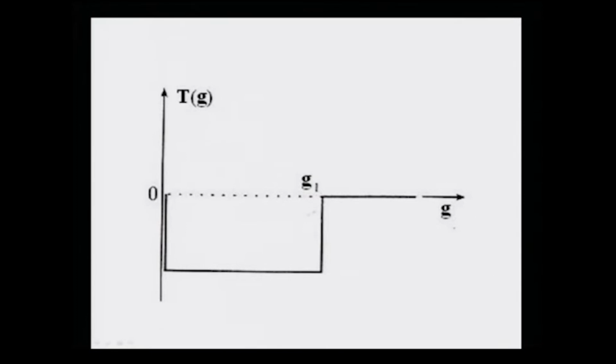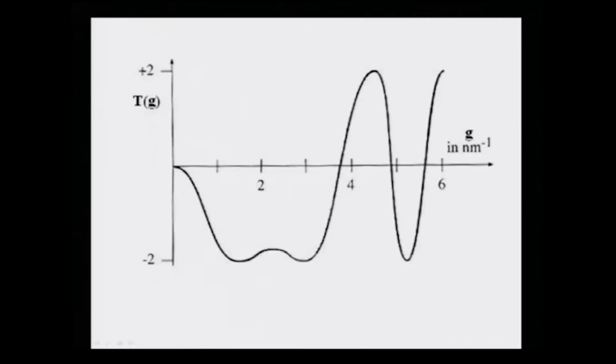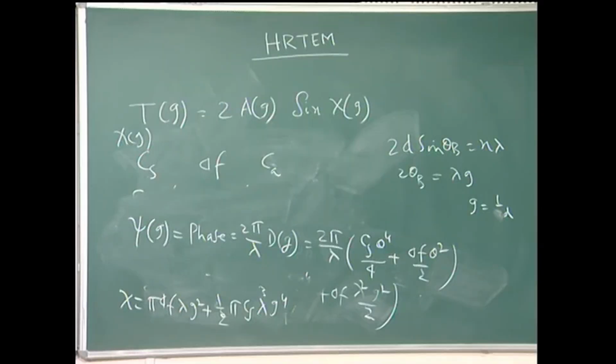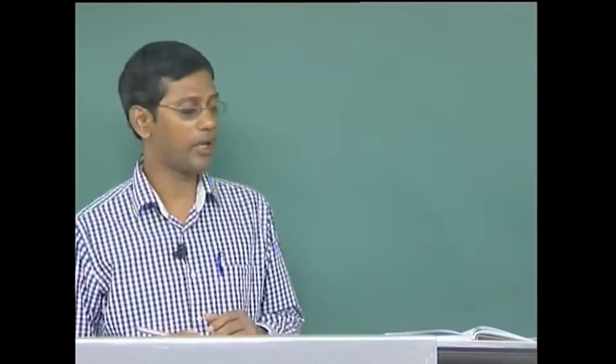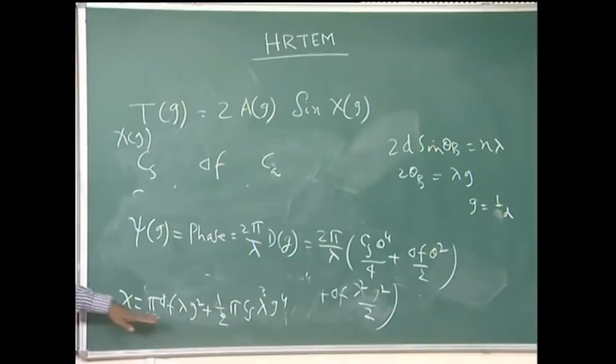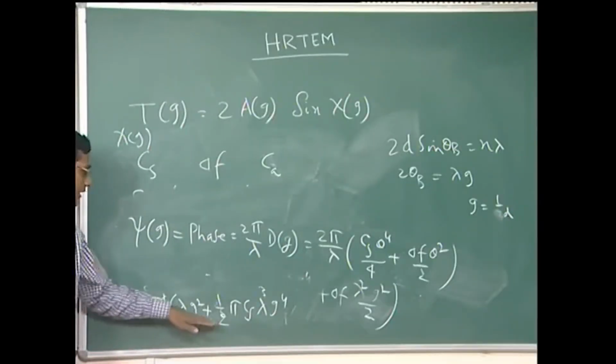Ideally, the transfer function should be like this: from 0 to g 1 it should have a specific value, and beyond that it will be all 0. This is the ideal transfer function in an electron microscope, but this is never possible. So, if I plot this transfer function as a function of g, obviously it depends on the values of delta f, lambda and C s.